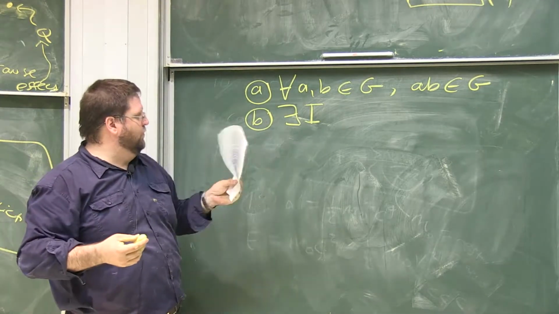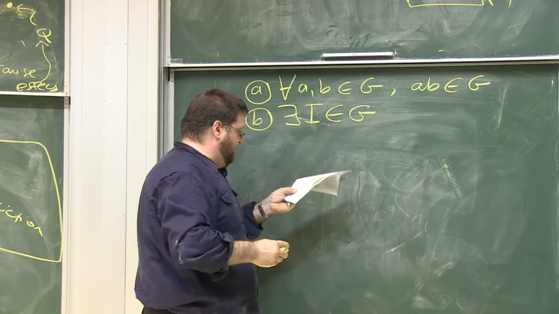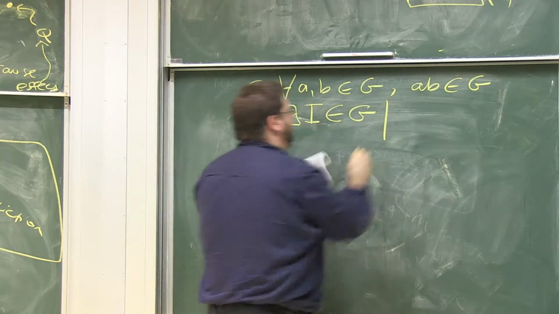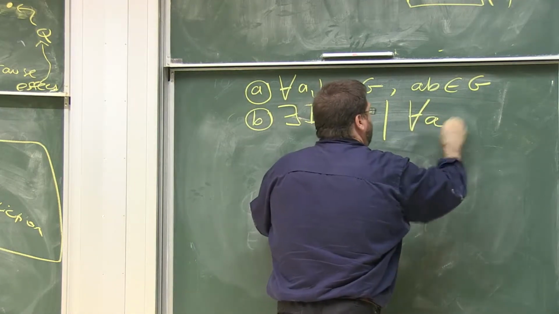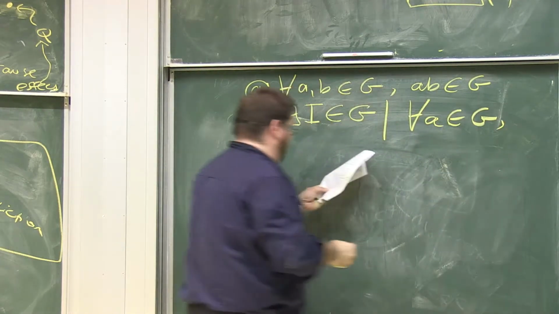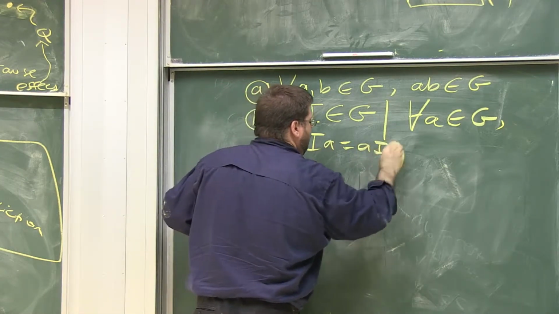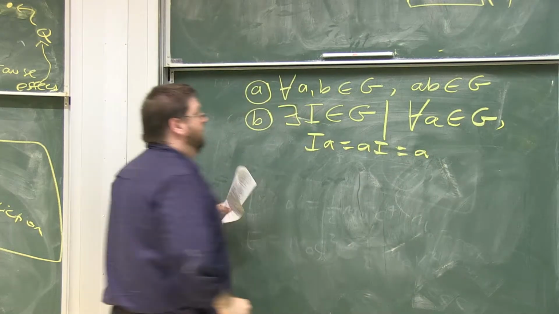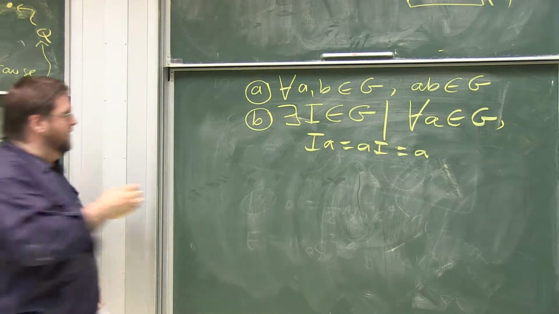It's a generalization of 1. There exists a unit element in G such that, which I'll denote by a vertical line, such that for all A within G, we have the unit times A equals A times the unit equals A. And by the way, the unit is just going to be a unit 4x4 matrix.